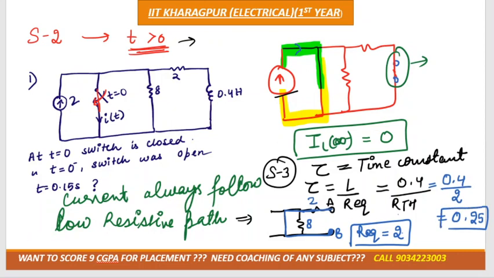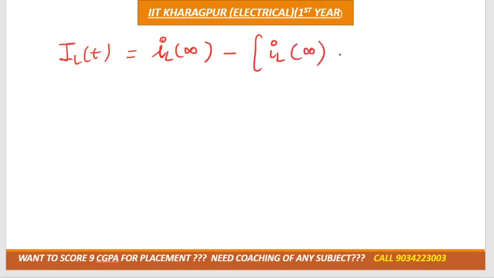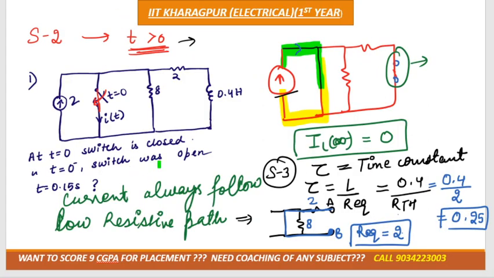Okay. Now we need to just substitute the values in the formula, that is IL of t equal to IL of infinity minus, IL of infinity minus IL of 0 minus, times e raised to power minus t by tau, right? IL of infinity, how much we got?